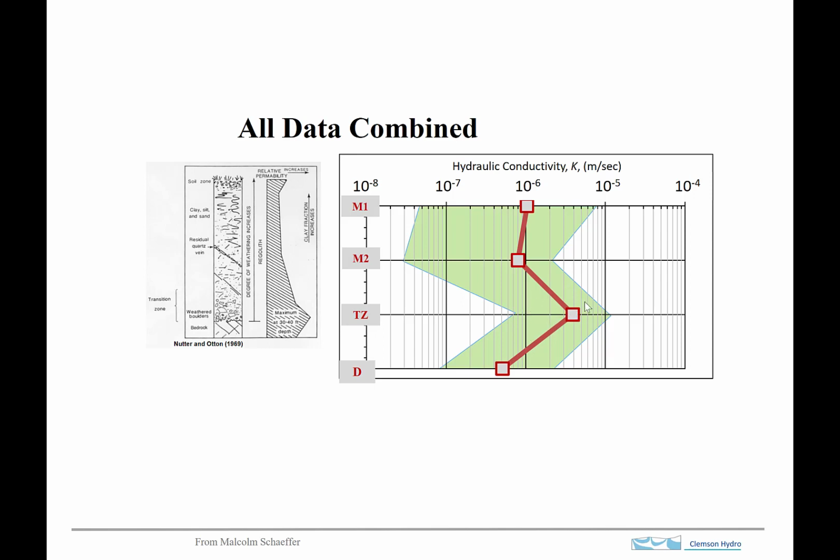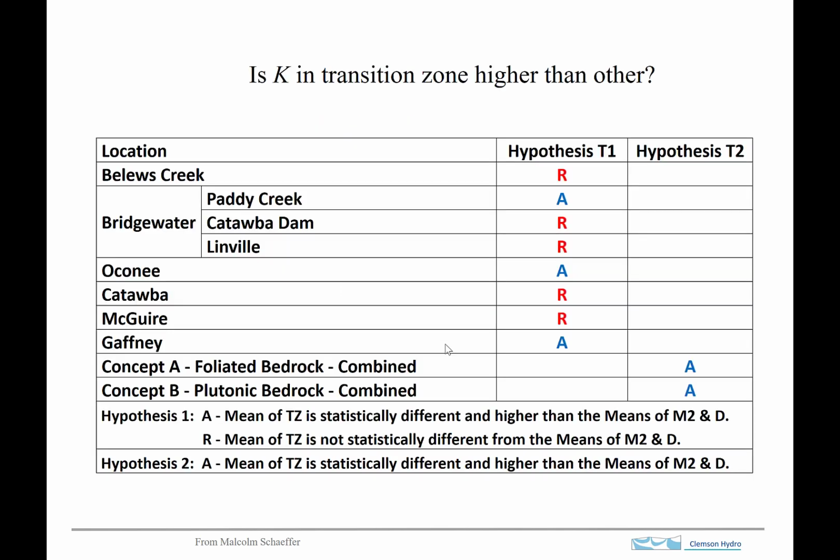But the envelope is pretty large, and so the question about whether these are statistically significantly different is an important one. And Malcolm addressed this by doing a series of statistical tests, much like a t-test, where he compared the hydraulic connectivity in the transition zone to the mean values for the overlying M2 saprolite or the underlying fractured rock.